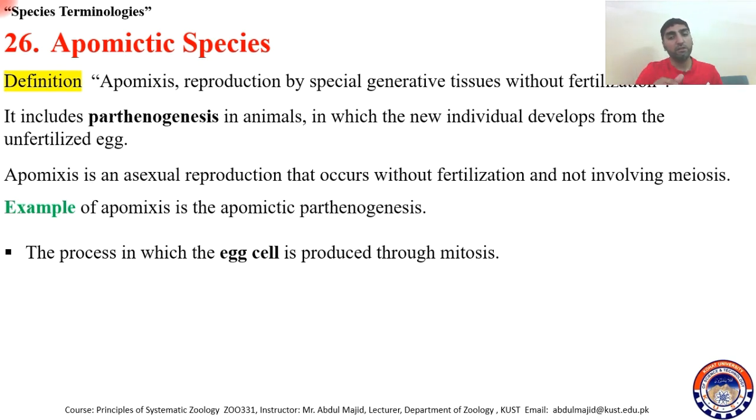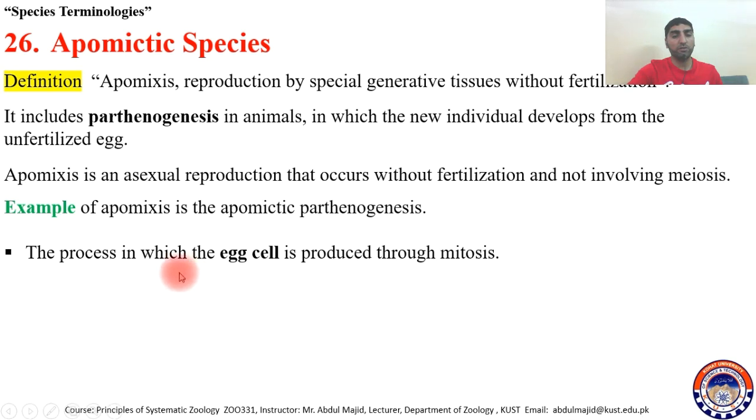Here, the egg is already diploid, because there is no involvement of meiosis. Because of that, the chromosome set will not be halved, but will proceed through mitosis, and it will have the complete 2n set of chromosomes.